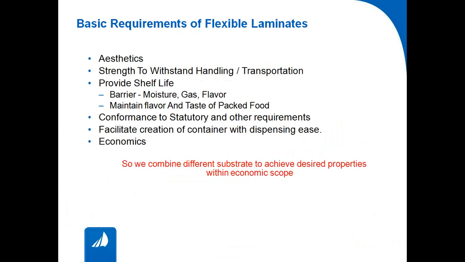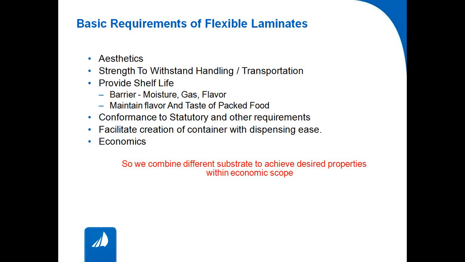So, you see the basic requirements of a flexible laminate are aesthetics, strength to withstand handling and transportation. We have discussed this. Provide shelf life, that is, restriction of allowing gas or moisture to pass through it. Maintain flavor and taste of packaged foods.